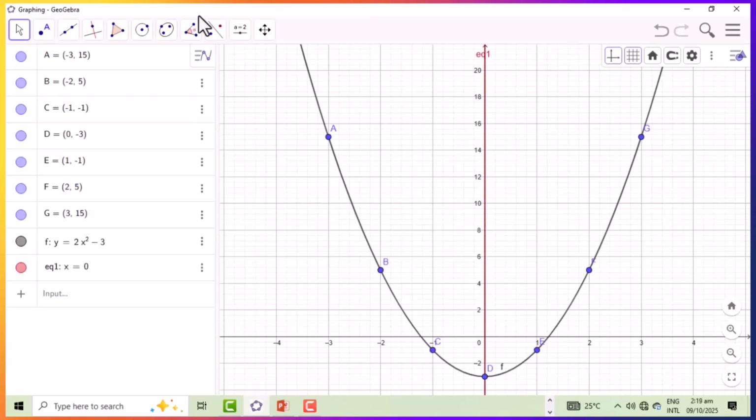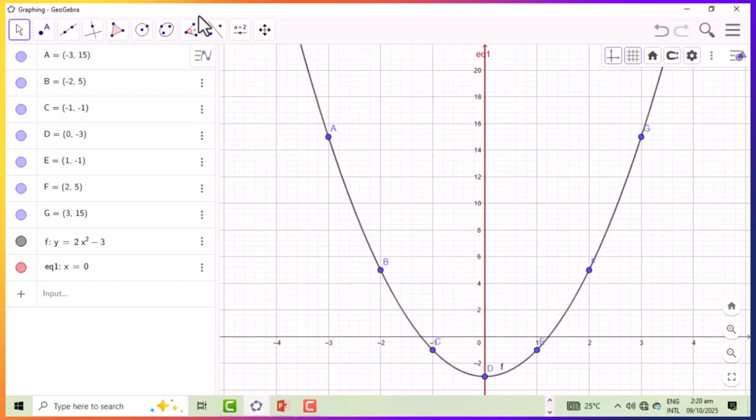The line that divides it vertically into two is the red line, and it's a vertical line, passing through 0.